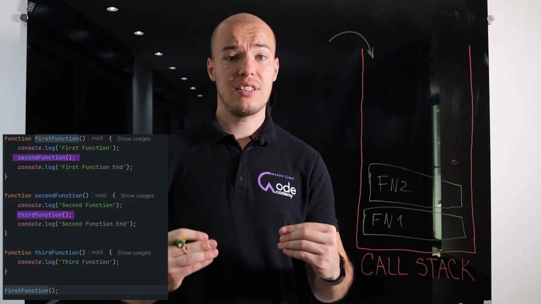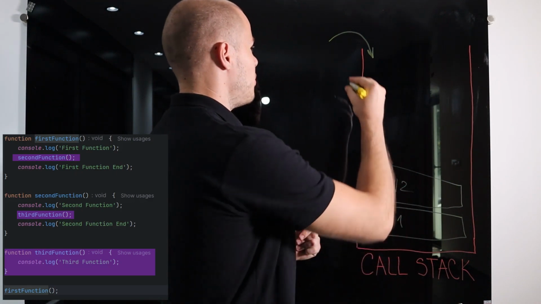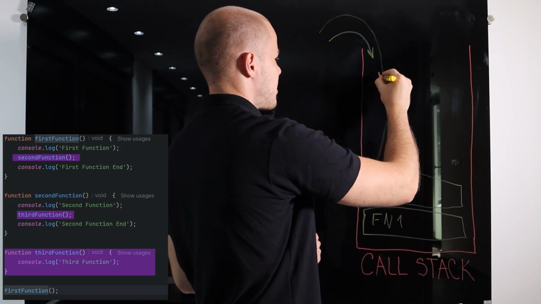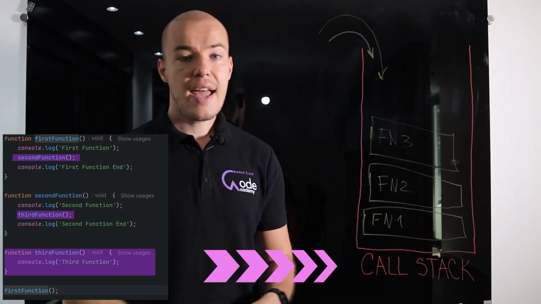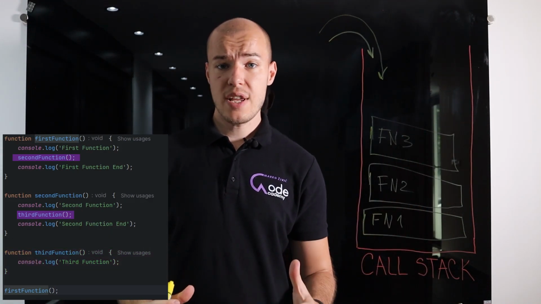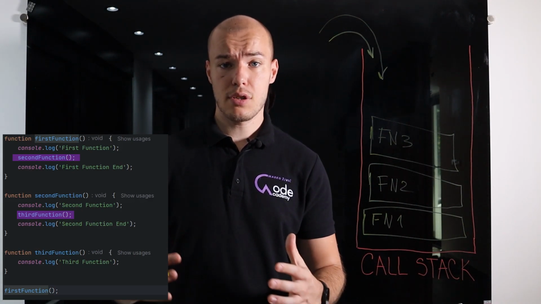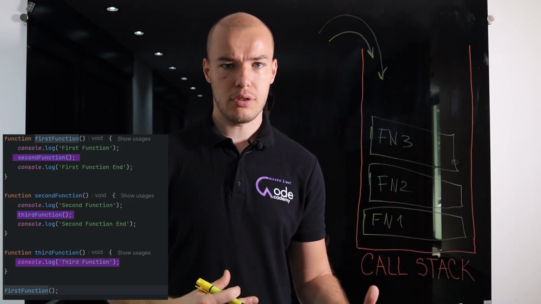We're pushing the third function onto our call stack, so it will be pushed on top of the second one, so right here, and it will start executing. This will mean that we print the only console log that we have from the third function into our console.